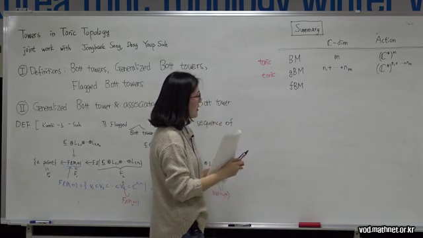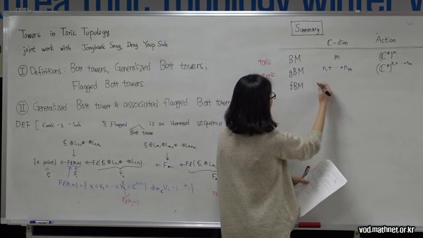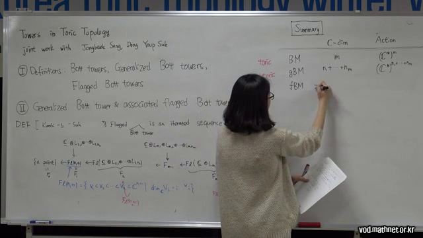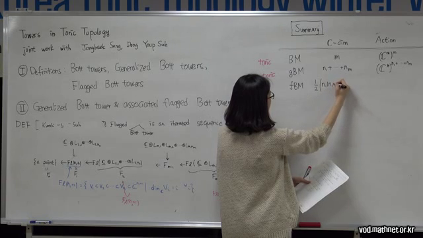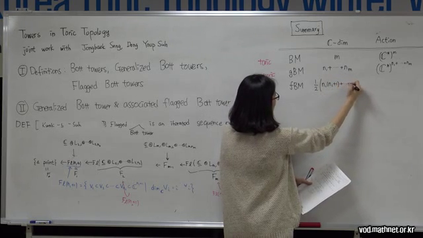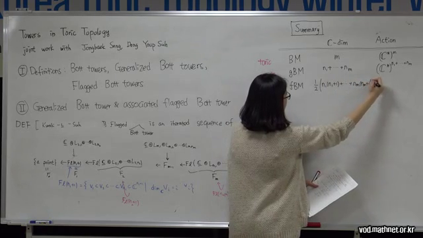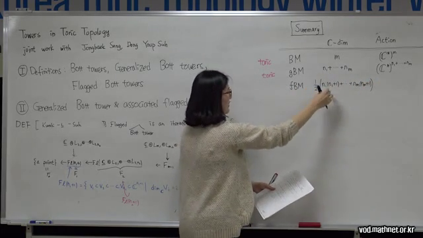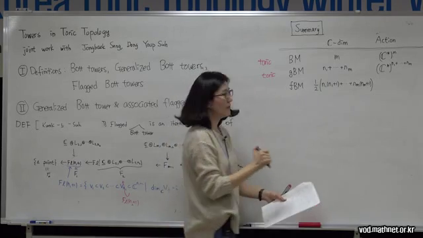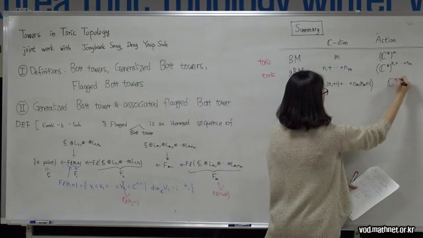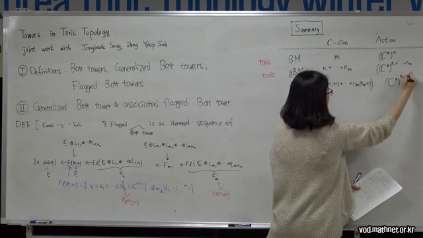And a flag Bott manifold has complex dimension the sum of n1 times (n1 plus 1) over 2 through nm times (nm plus 1) over 2. It is a complex manifold of this dimension, and it has a complex torus action of dimension as well.